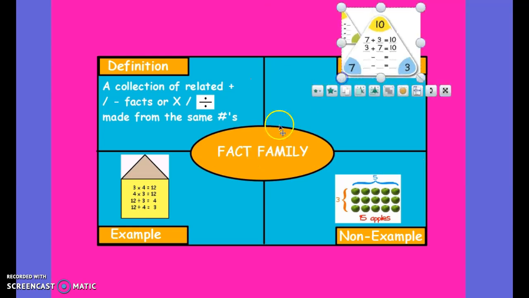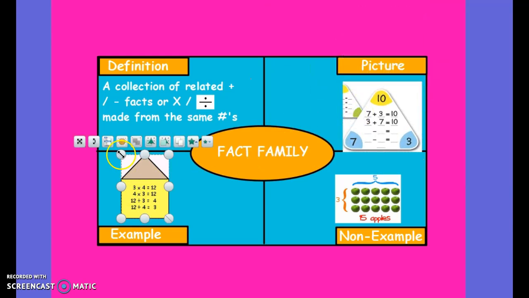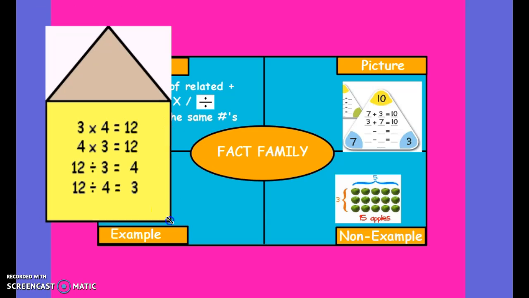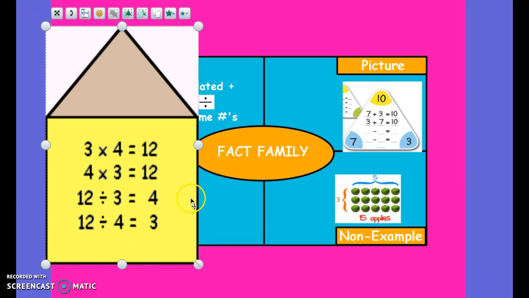Here's an example of a fact family using multiplication and division. We'll be focused more on the bottom 2 number sentences here in our division unit. The larger number is normally what you start with in a division number sentence, because you're taking that larger number, the dividend, and using the divisor to separate it into your quotient of equal groups. 12 divided by 3 is 4 with no remainder, nothing left over. 12 divided by 4 is 3 with no remainder, none left over.